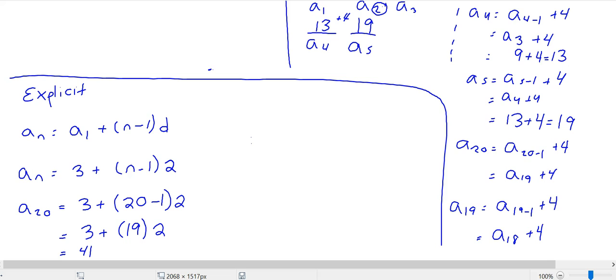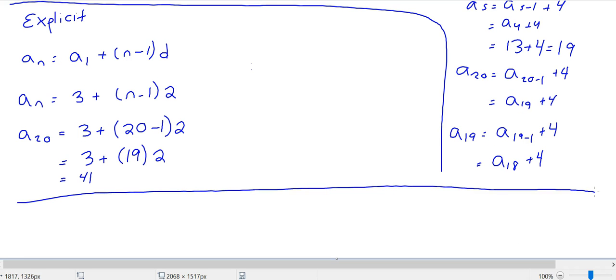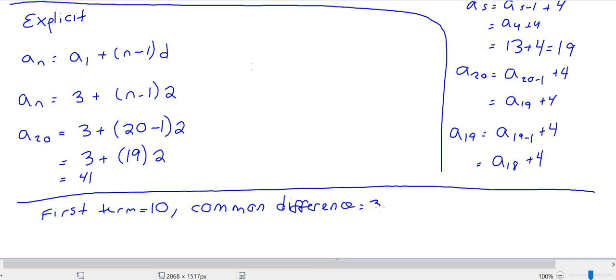On the Regents, you might be asked to write either a recursive sequence or an explicit sequence for a given situation. Let's say you're given on the Regents that the first term of a sequence is 10, and the common difference is 3. Let's say you're asked to find a recursive sequence and an explicit sequence. Let's start with a recursive sequence. The formula for a recursive sequence is not given to you on the Regents, so you'll need to memorize it.